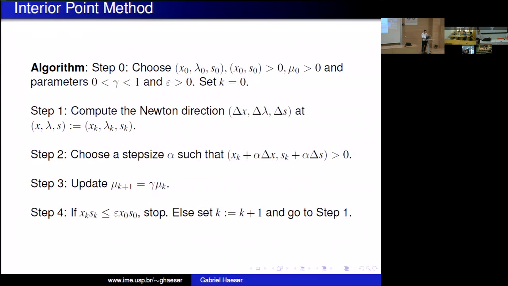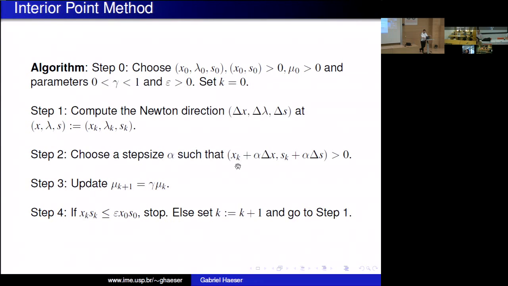And what you do instead of using the complete Newton direction, the Newton method would tell you to go to xk plus delta x. But if maybe the Newton direction is too large, you want to walk not the full Newton direction, but a fraction of it, in such a way that you remain inside the feasible region.